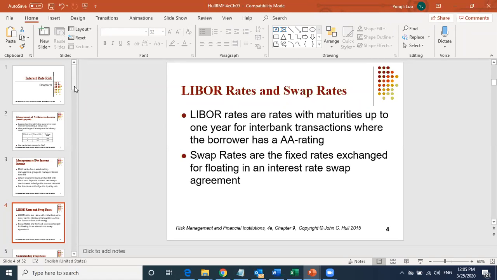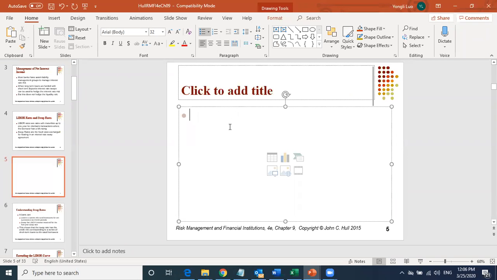Do you still remember what is the proxy for the risk-free rate in the United States? We use the 3 months Treasury bill rate. In the United States, the 3 months Treasury bill rate is a risk-free rate.